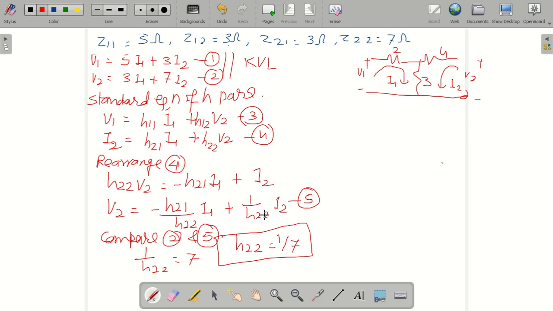Okay, compare 2 and 5. We get 7 equal to what? 1 upon H22. So H22 is 1 by 7, right?